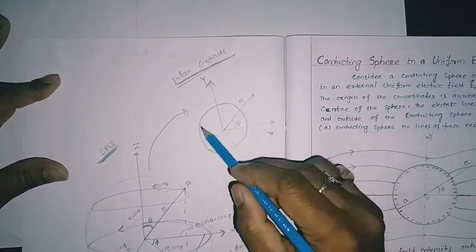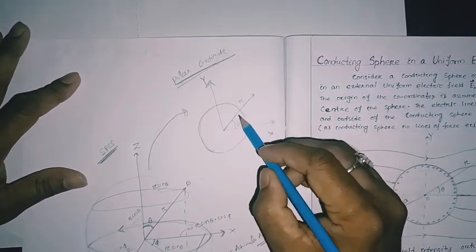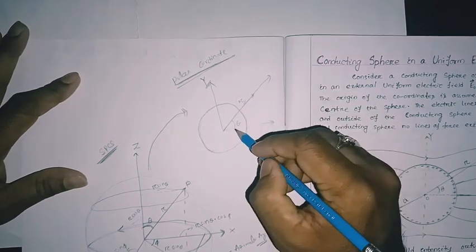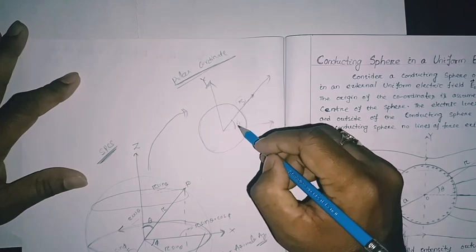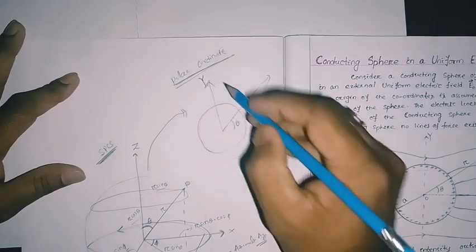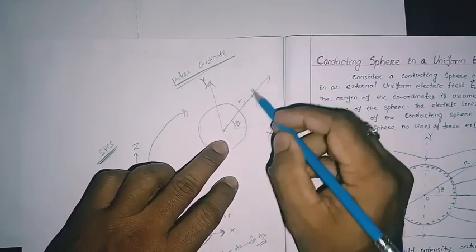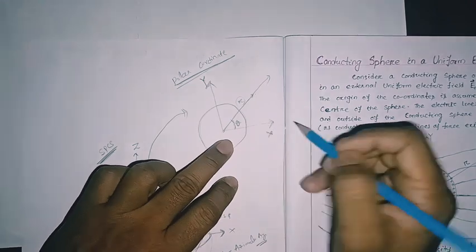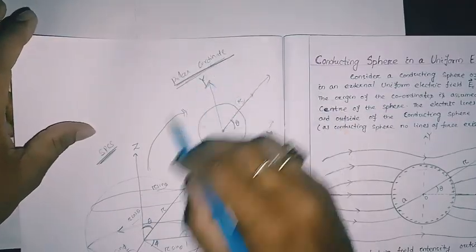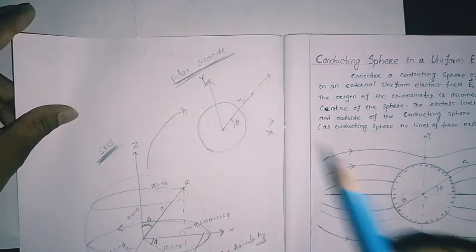As we know, for polar coordinates the two degrees of freedom are r, the radial direction, and theta, the polar direction. If this is the x-axis and this is the y-axis, then this is the radial component or distance from the center, and this is the angle with respect to the x-axis. So the spherical polar coordinate system is transformed to polar coordinates.